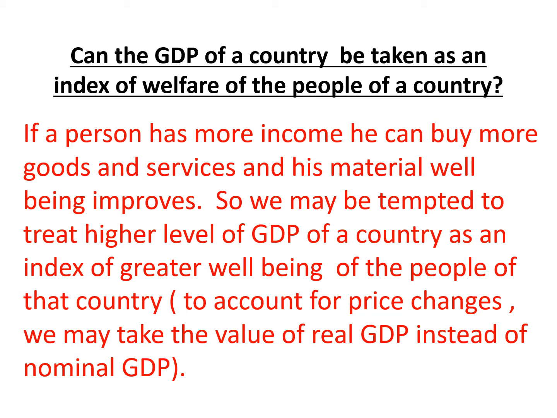And this is the reason we consider real GDP as a better indicator and we do not consider nominal GDP as an index of welfare, because nominal GDP could have risen due to a rise in the general price level or inflation.